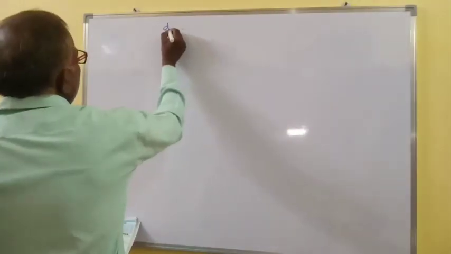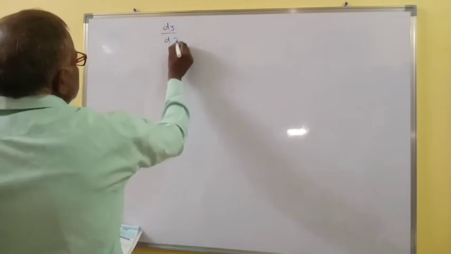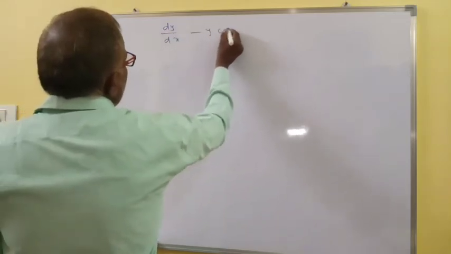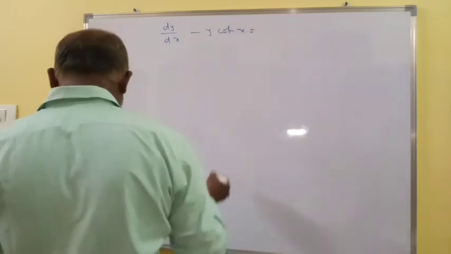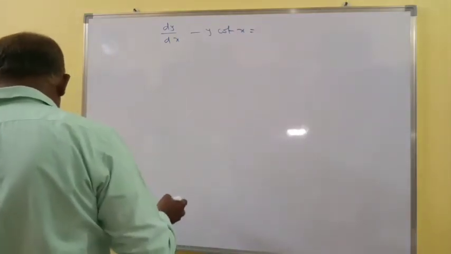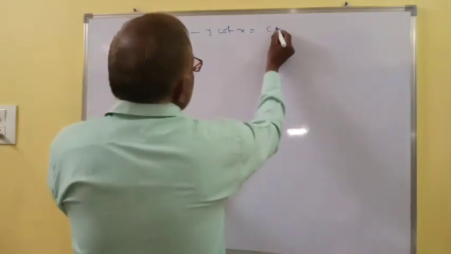dy by dx minus y cot x is equal to cosecant x.